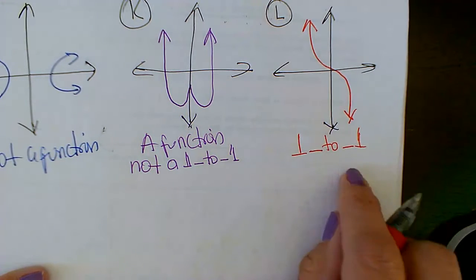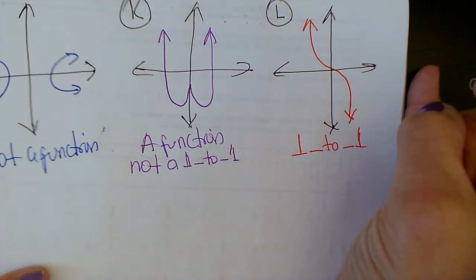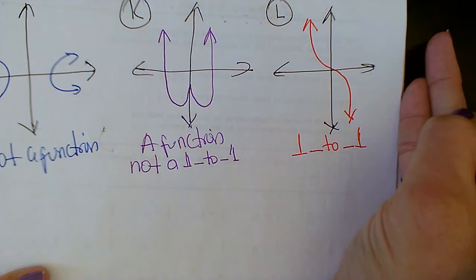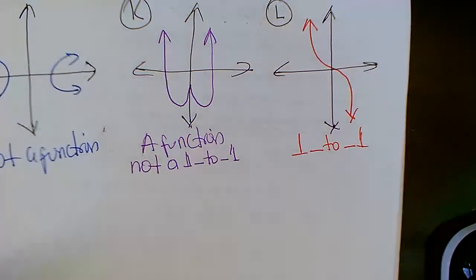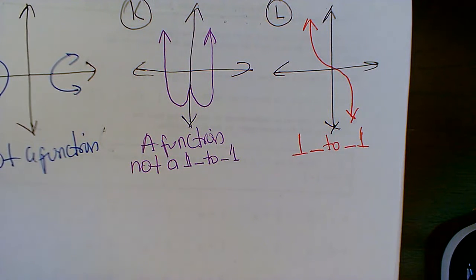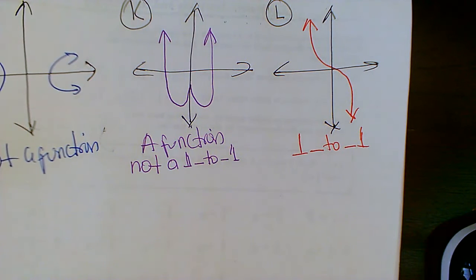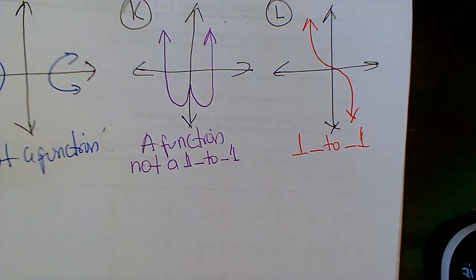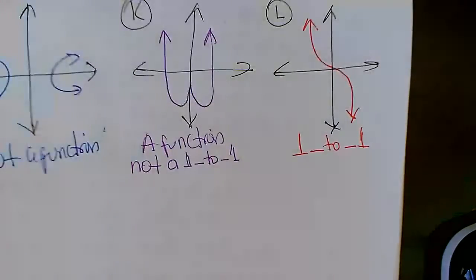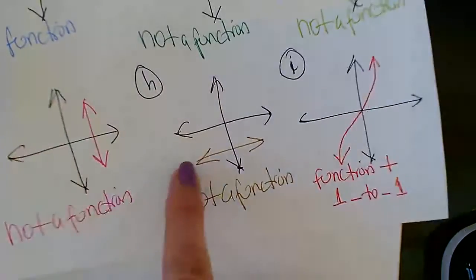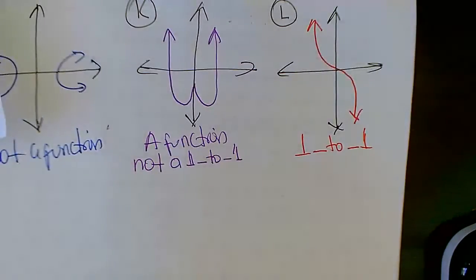When I say one-to-one, I mean passes the vertical line test, which is a function, and passes the horizontal line test, okay? So notice that all linear equations are one-to-one functions, except when we have the horizontal or vertical line, but they all are.